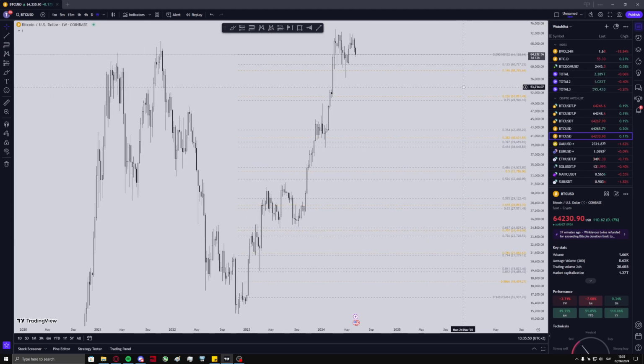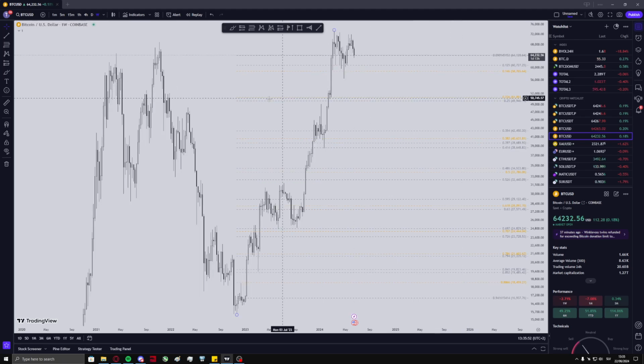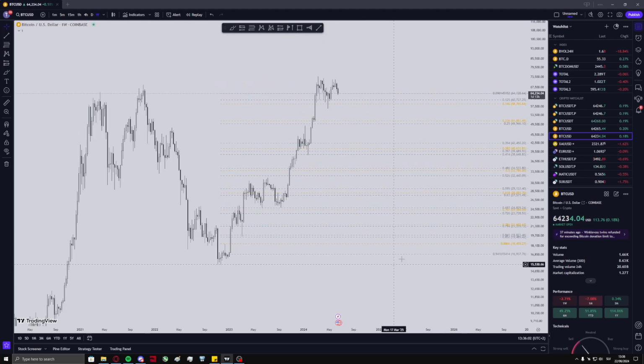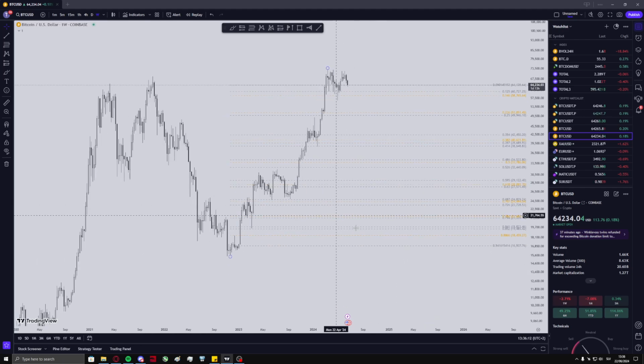The other ones I just use to form some kind of areas or to find some extreme points of reversals, right? So like 0.09 and 0.94 are the most extreme possibilities of a reversal, so I just use them for that.